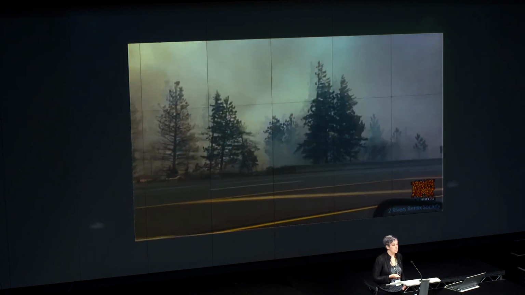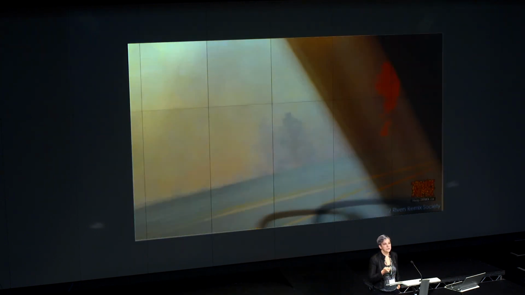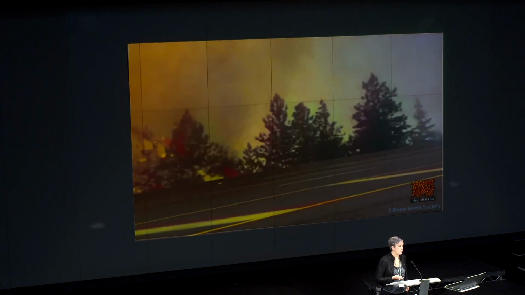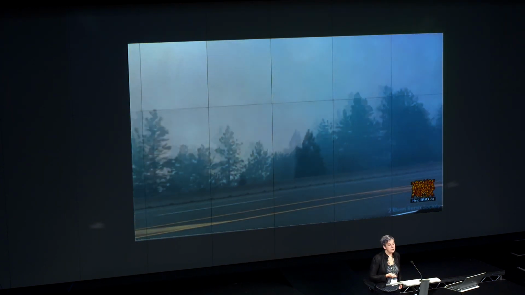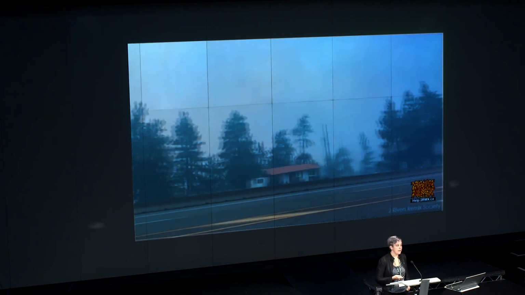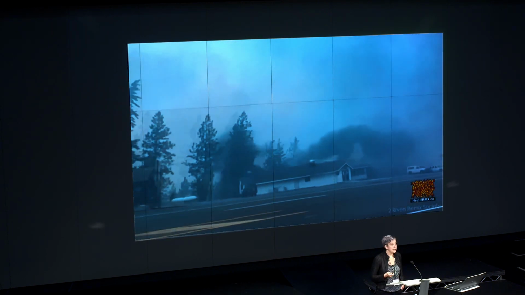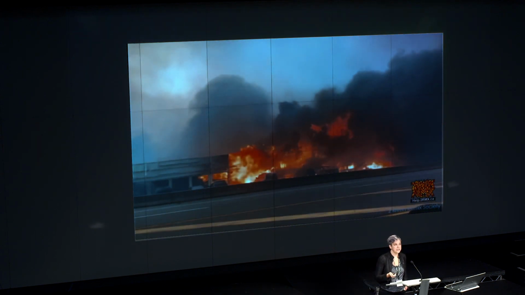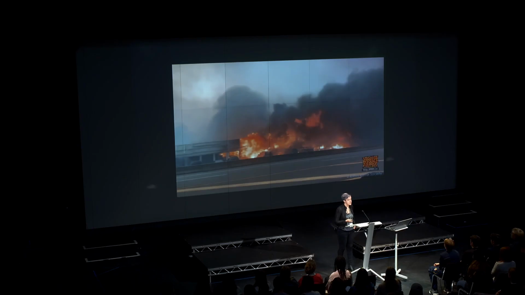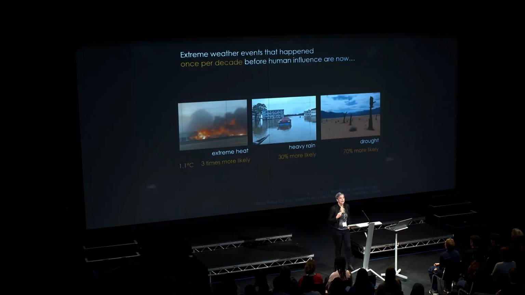This was a town called Lytton, also known as Kamchin in the original language of the indigenous people. They had wildfires, made a bit more likely by that extreme heat. And the village, unfortunately, mostly burnt down, a very serious representation of climate change, and 2 people died as well. And so the point about this 1 degree of warming is that it's already changing our weather.